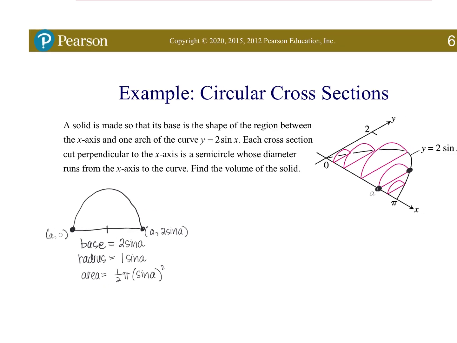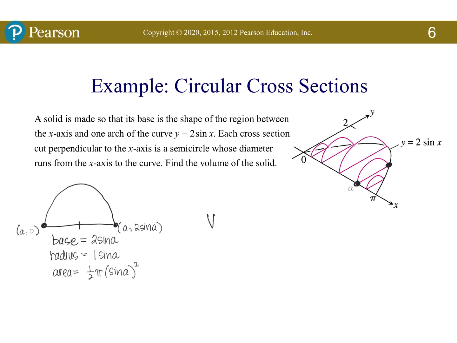Now if I want to make this volume, I will set up an integral. My volume will go along the bounds from 0 to pi, and I simply take the same area slice, 1/2 pi times the sine of, and because I'm working in the variable x, I'll use the sine of x, quantity squared, dx.